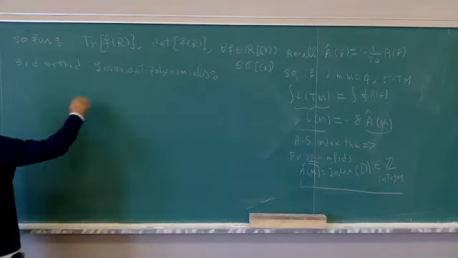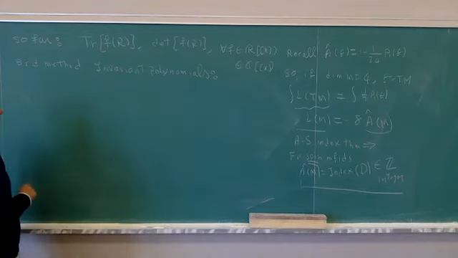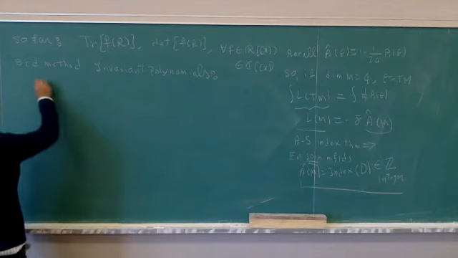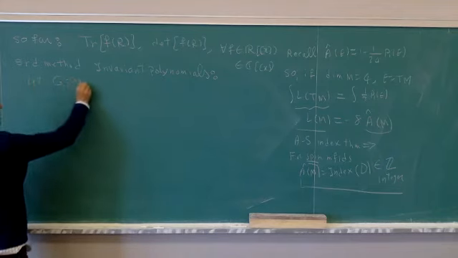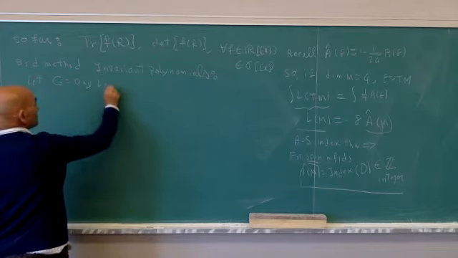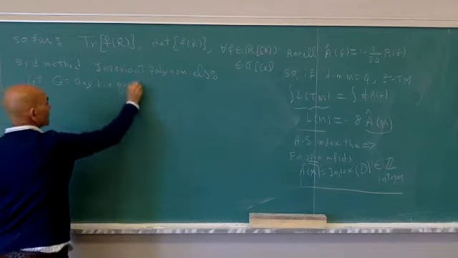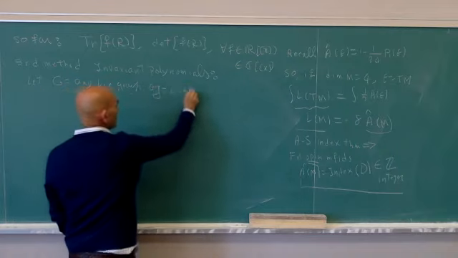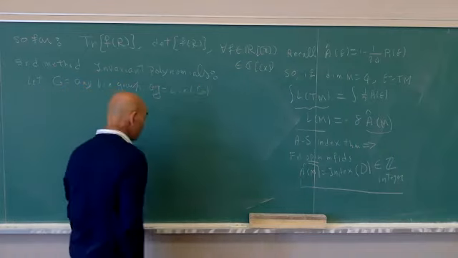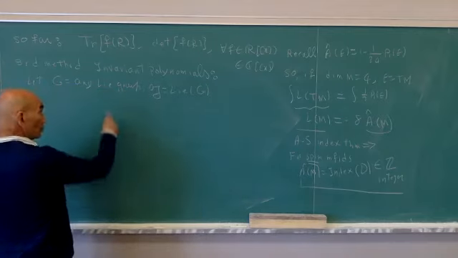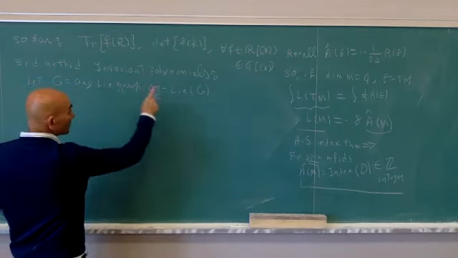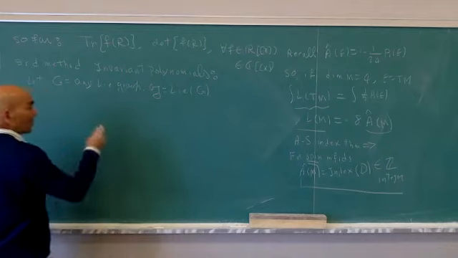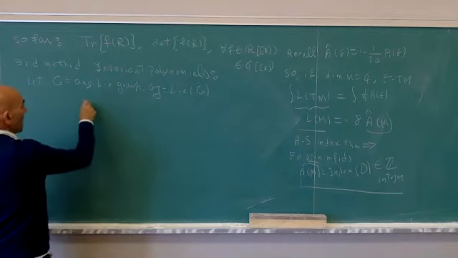So in general, this is a purely algebraic question now. Let G be any Lie group. Let 𝔤 be the Lie algebra of G. Now, this group G acts on the Lie algebra by conjugation, by the adjoint map.